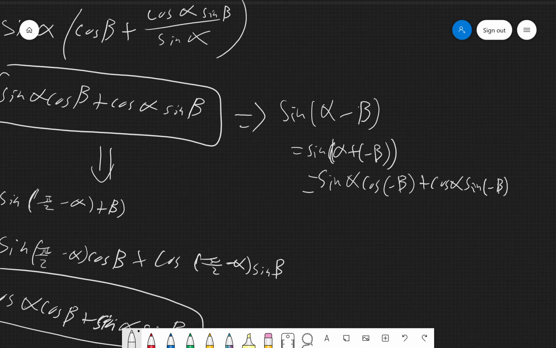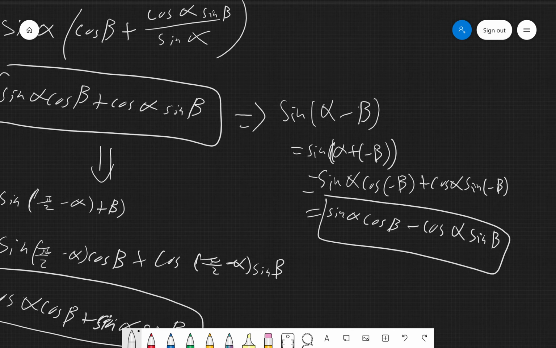We know that the cosine of negative beta is just the cosine of beta, and the sine of negative beta is equal to negative sine of beta, so this negative is going to go out: cosine of alpha, sine of beta.